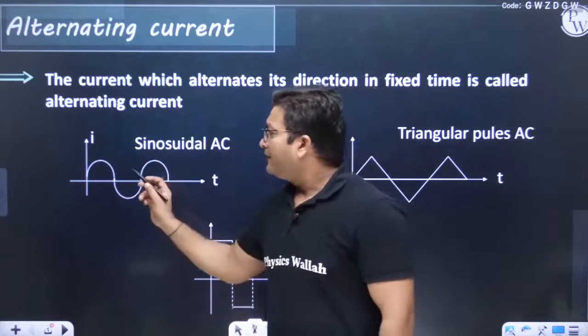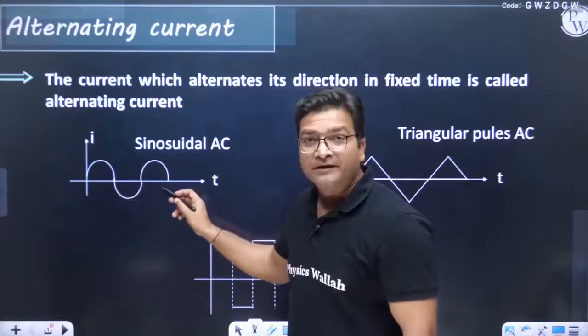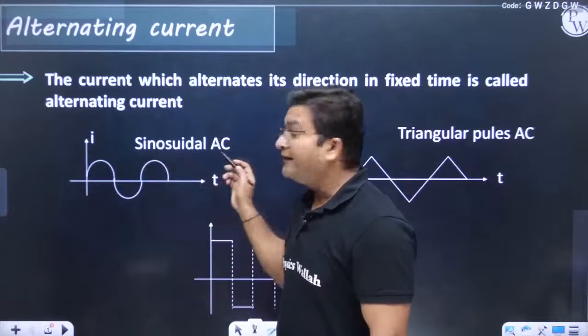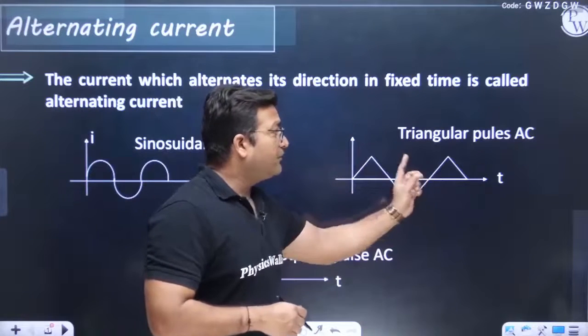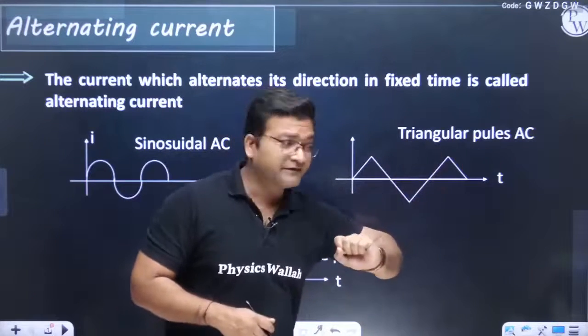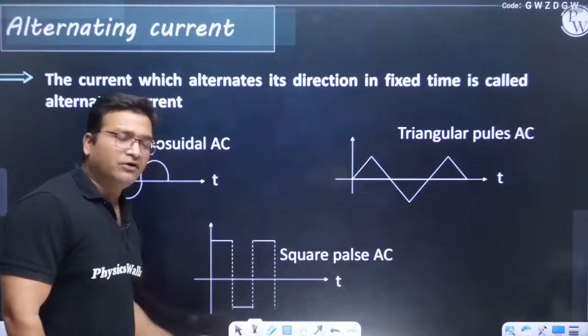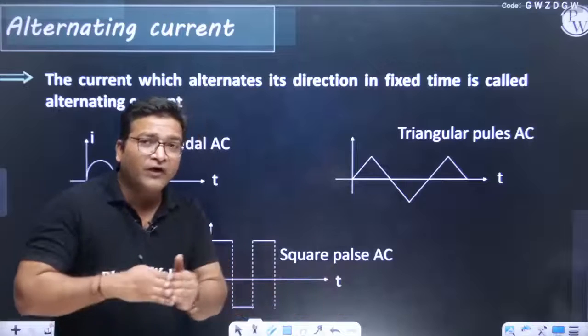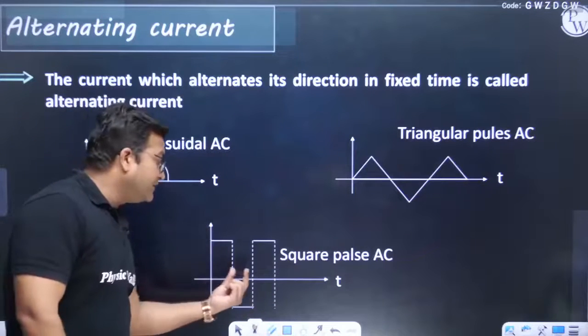Okay. Remember, the shape here is a sine wave, therefore we call it a sinusoidal AC. If the shape is triangular, we call it a triangular pulse AC, or if it is square or rectangular, we call it a square pulse AC. But one thing is common: the direction is changing in a fixed interval of time.